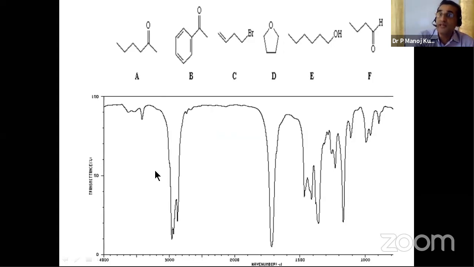Is it there? It is not there. So it cannot be an aromatic compound, so the probability of B can be ruled out. There is no peak above 3000, so it cannot be this. Not only that, you would see multiple vibrations, but comparatively it is a very neat peak spectrum with no multiple vibrations. So all this tells that it cannot be B at all. Of course, there is a C double bond O. That is a very positive observation. Very good. But it cannot be B.